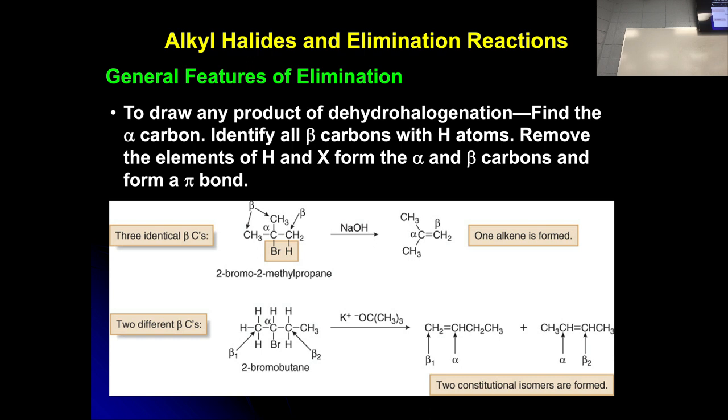Why is it, do you suppose, that this alkene on the right is produced in the greater quantity? Is it because the one on the right, where you have the double bond, there's equal amounts of both elements? You're getting close.